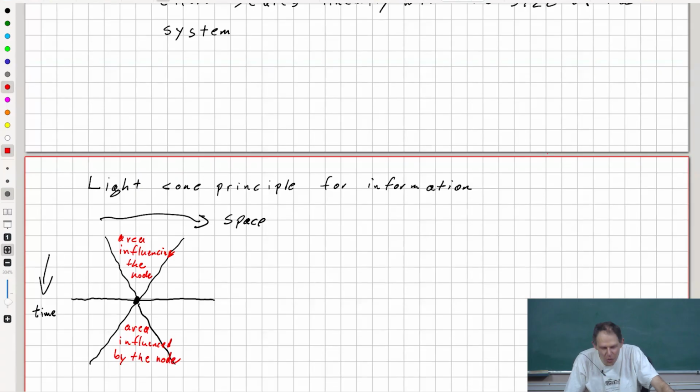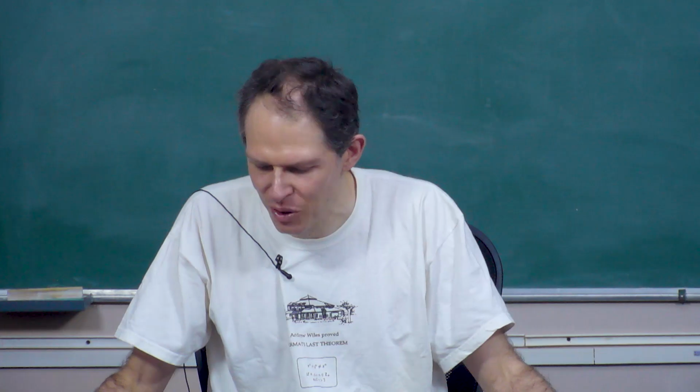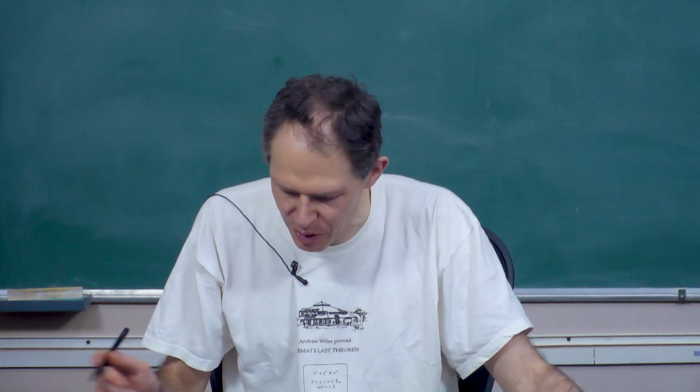And since we do one time step at a time, the area from which we are influenced and the area which we influence are very small. So we only ever have to interact with a very small neighborhood. Each node has to interact only with a very small neighborhood.